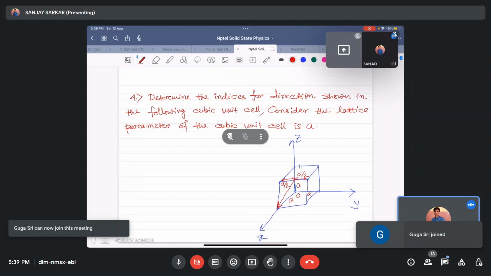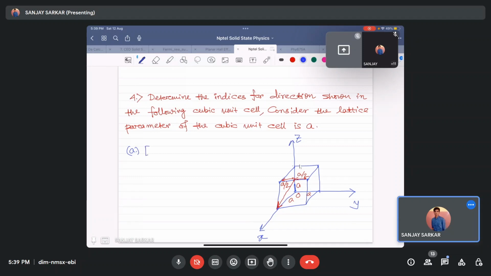I'll write down the options also. Option A is 2 bar 1 0. Option B is 1 bar 2 0. Option C is 0 1 bar 2 bar, and option D is 1 2 3.